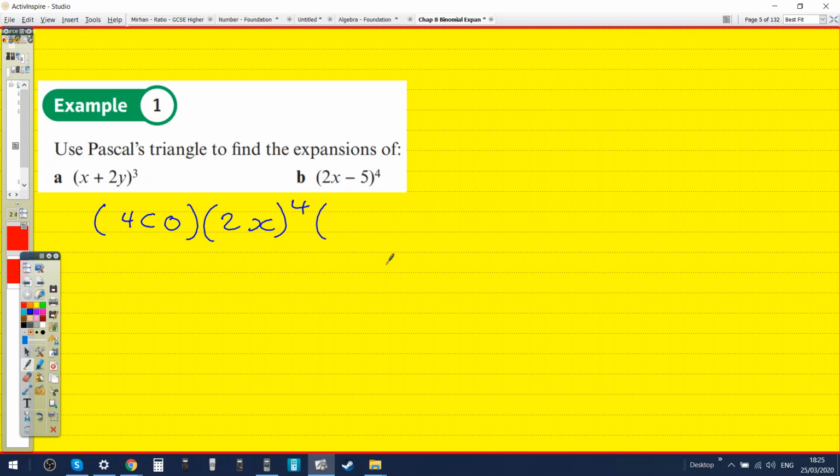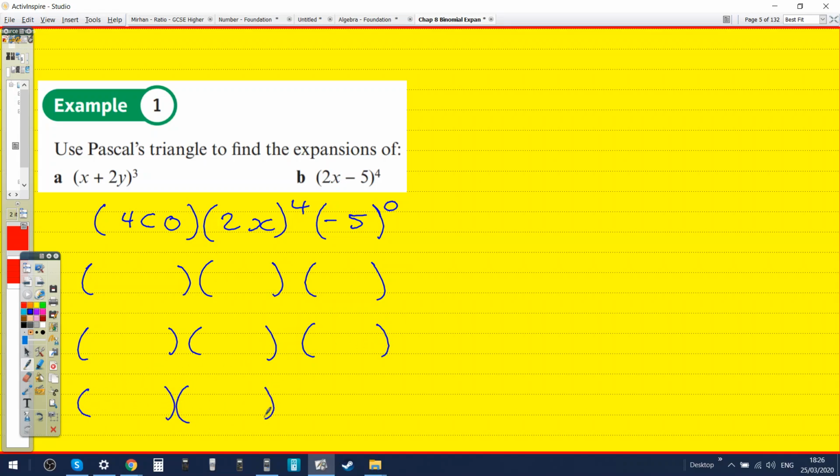And then times minus 5 to 0. Okay, then which is equal to 16x to the power of 4, I think.